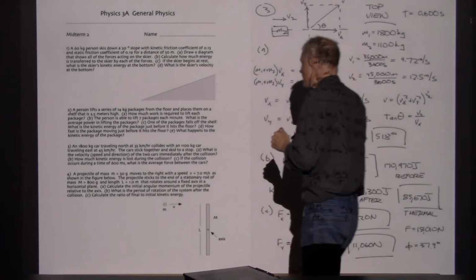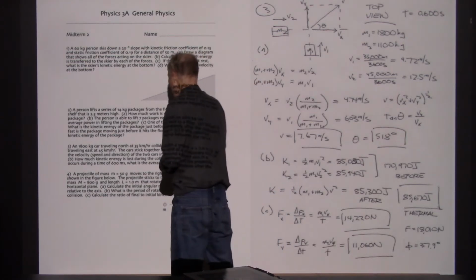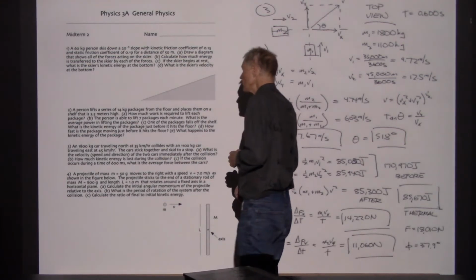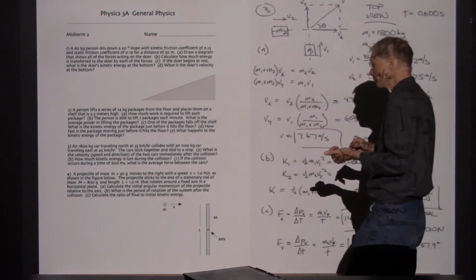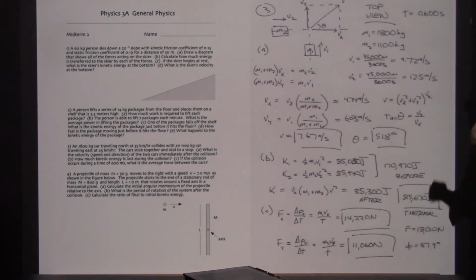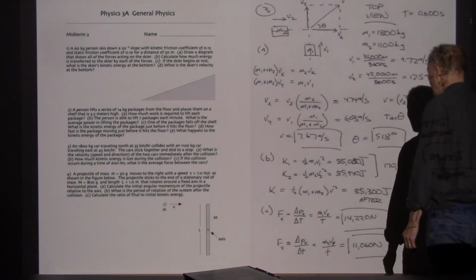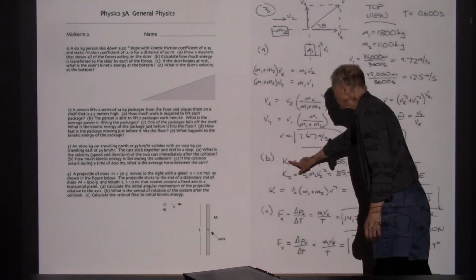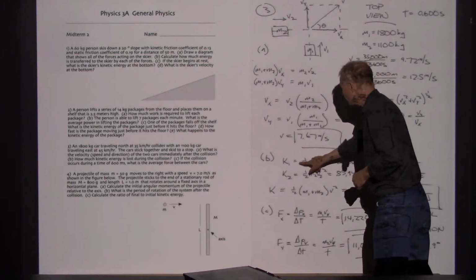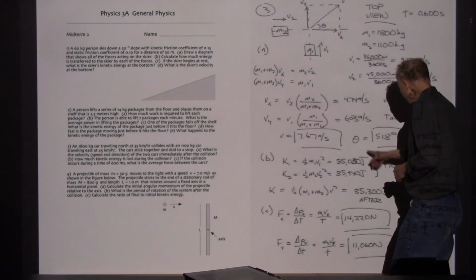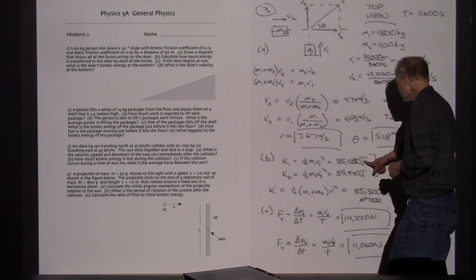Now in part B, what they're following up with is how much kinetic energy went thermal, because that's what's going to happen here. Some of the initial kinetic energy is going to be thermal energy once the collision has happened. So let's see what that would be. The kinetic energy initially for car 1, 1/2 m v1 squared, is 80,030 joules.